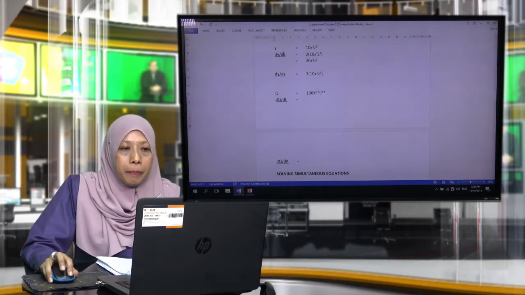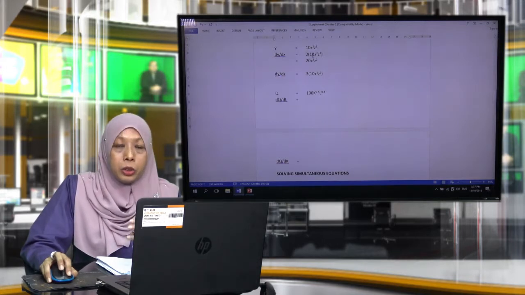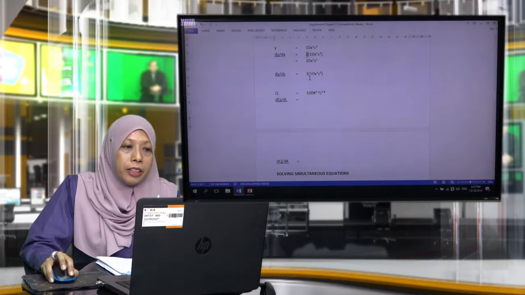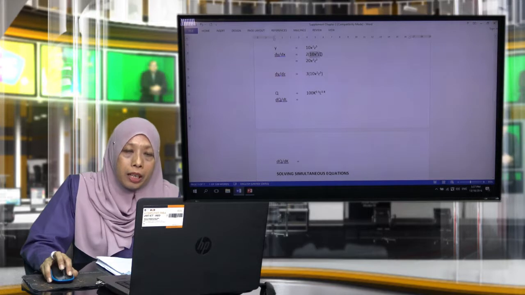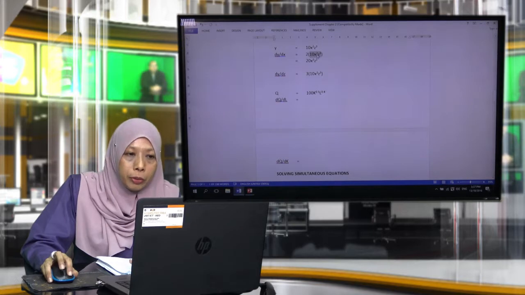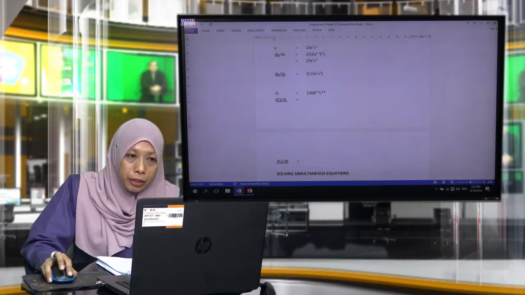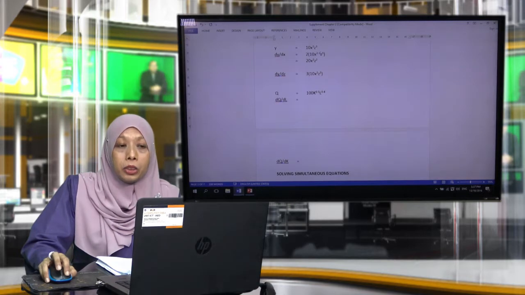Now remember this is a multiplicative function, because there's no negative sign, there's no positive sign. All you have here are power functions. So if you want to differentiate the function with respect to x, you need to bring down the exponent for x. So what's the exponent for x here? It's 2. That's the first step. The second step, you need to write down the original function, 10x squared multiplied by z to the power of 3.